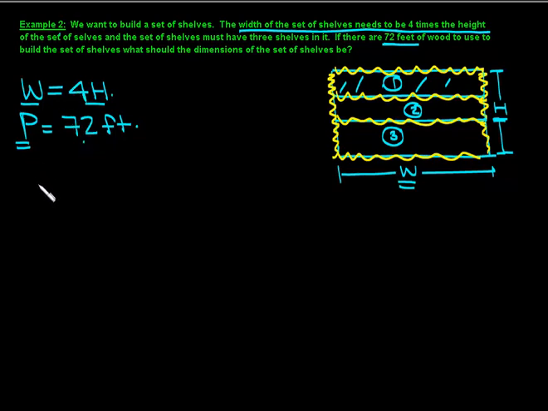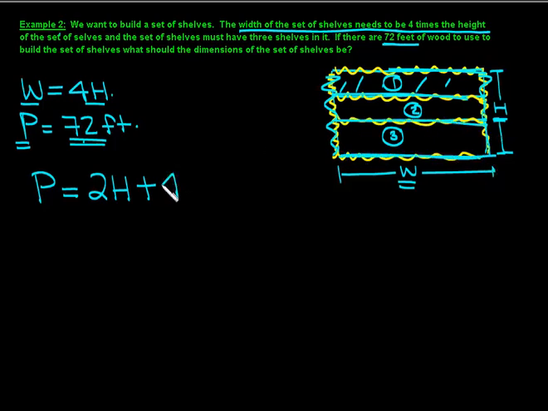Well, my P, if you think of that as your perimeter, or the amount of wood, you're going to use it to make this side and this side. So it'll be 2H, because each side is H, plus I'm going to use that wood to make this top, these middle 2 sides and the bottom. So it's going to be 4W.